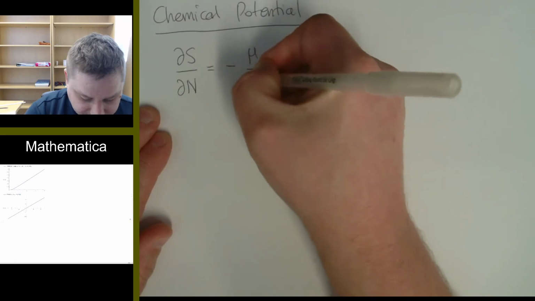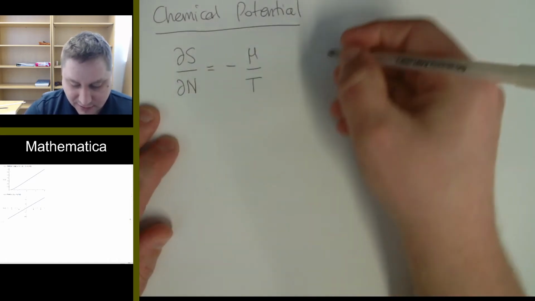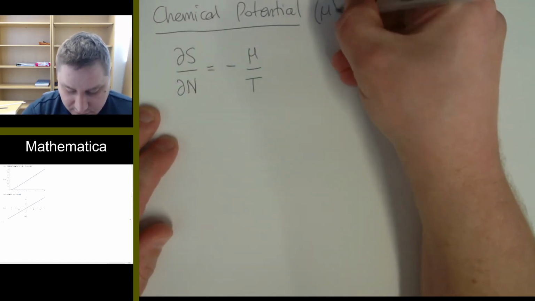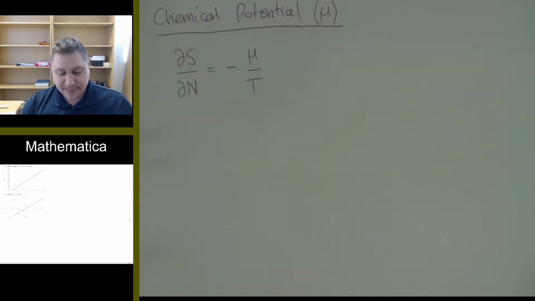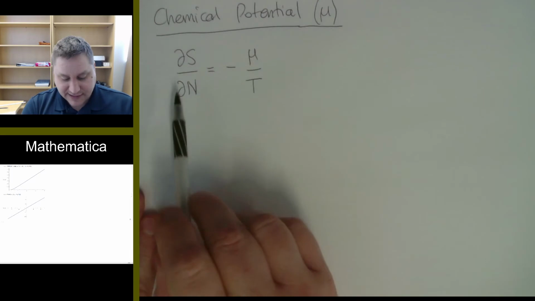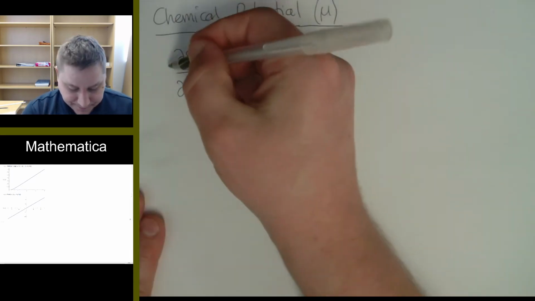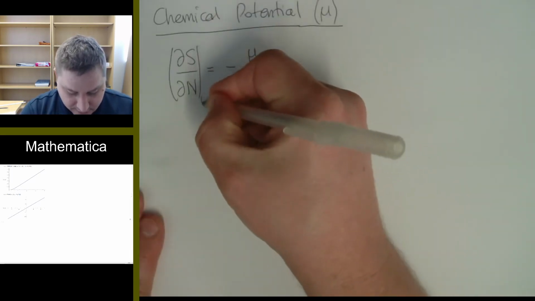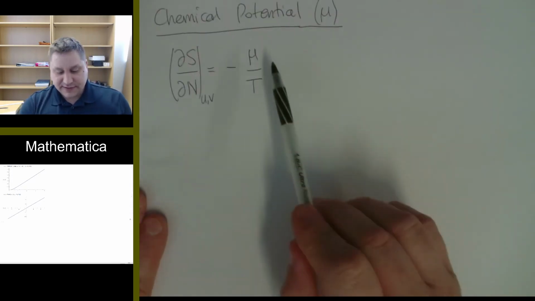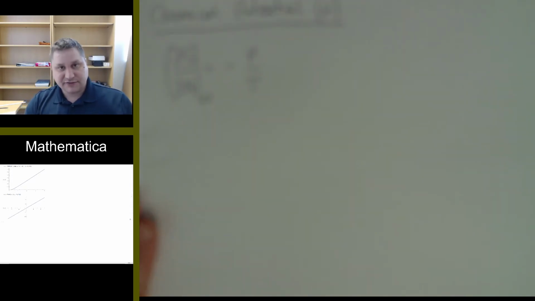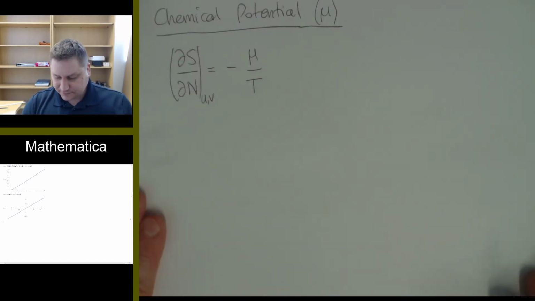This is related, I'll just tell you, to a quantity called the chemical potential, which we will symbolize throughout the course as a lowercase mu. And the definition is that dS/dN at constant energy and volume is equated to the opposite of the chemical potential divided by the temperature.